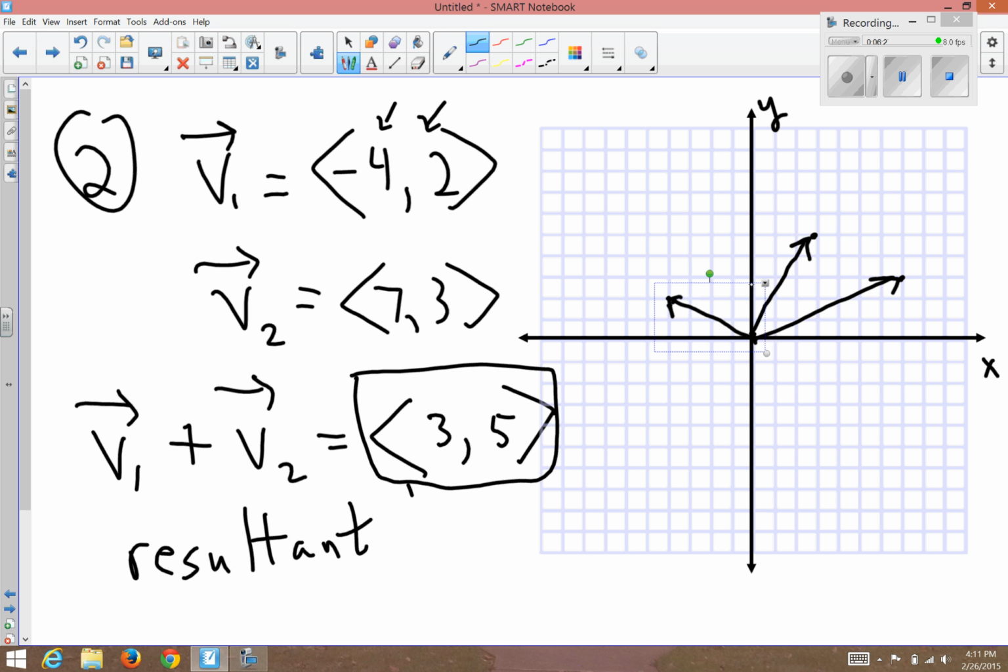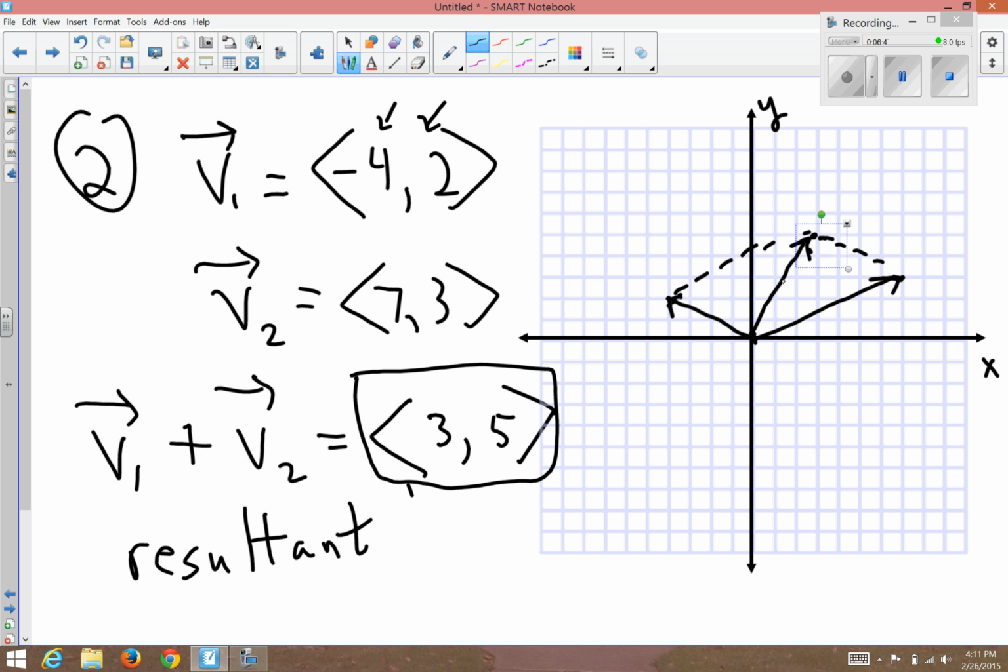And it's actually, this vector that we found, 3, 5, is actually the diagonal of this parallelogram. I just made a line segment parallel to vector 2. And over here I'm going to make a line segment that's parallel to vector 1. So I made a parallelogram.